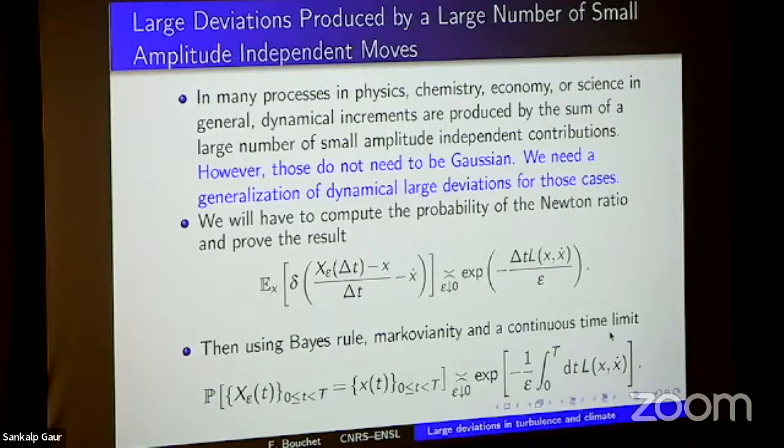If I have a Markovian approximation such that I can reproduce this and add them together, then I will get that the probability for a path goes like the exponential of minus 1 over epsilon multiplied by the integral from 0 to t dt of L of x and x dot. So you see, if it is Gaussian as before, then you just get the quadratic Lagrangian I discussed before. But here you see I can generalize that to anything.